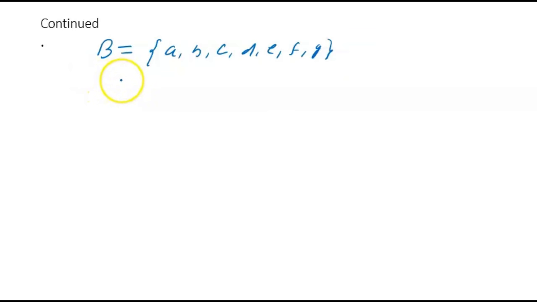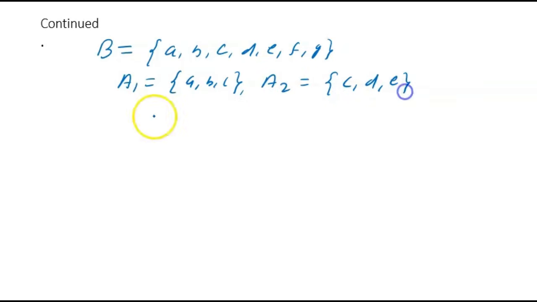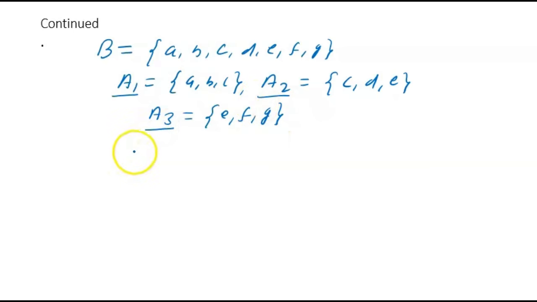Suppose I write the collection A1 which contains elements A, B, C. We have another subset A2 which contains elements C, D, E, and I write A3 where I write E, F and G. So the first requirement, that each of the subsets must be non-empty, is fulfilled.